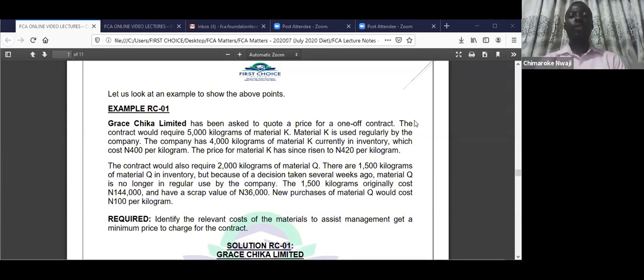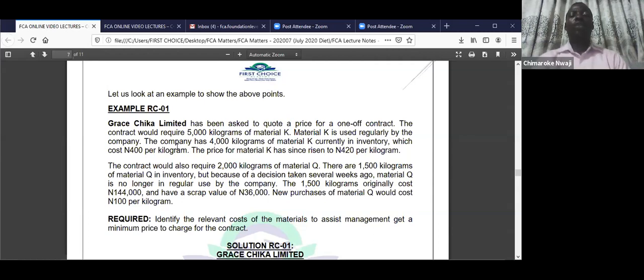The contract will require 5,000 kilogram of material K. So what is in consideration here is material K. We are told that material K is used regularly by the company. The company has 4,000 kilogram of material K currently in inventory, which costs 400 naira per kilogram. The price for material K has since risen to 420 per kilogram.